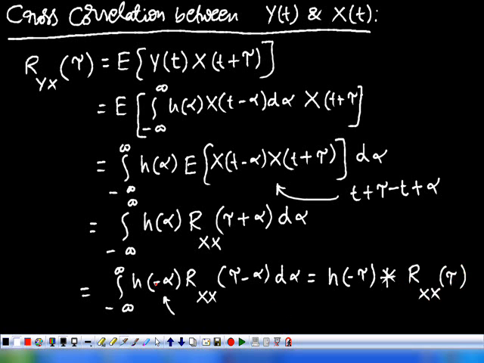If this minus were not there, what would you write? h of tau convolved with Rxx of tau, but the minus sign is there. So that's why we write it as h of minus tau convolved with Rxx of tau. Therefore, the cross correlation between the output and input random process is Ryx of tau, equivalent to h of minus tau convolved with Rxx of tau. Is it clear to you?